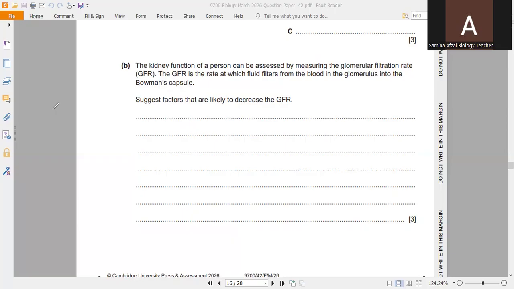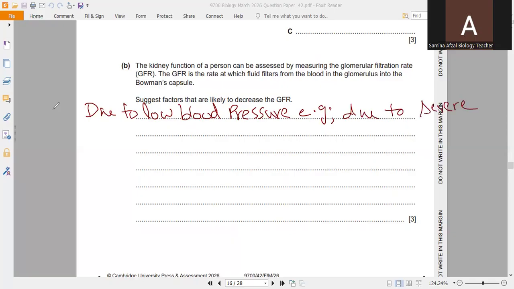So we have to go with them. First of all, decreased blood pressure or low blood pressure, for example due to severe dehydration, blood loss, etc., or shock. So it can be the reason.